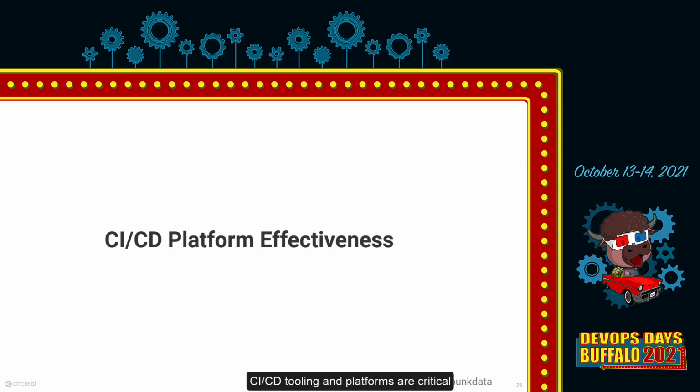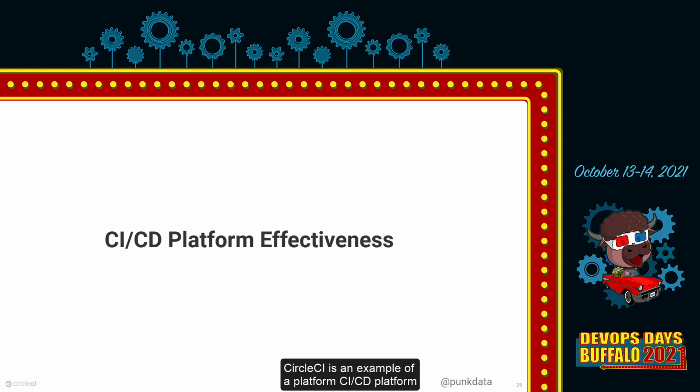CI/CD tooling and platforms are critical for managing pipelines at scale. CI/CD platforms come in various flavors. Some platforms are strictly CI/CD focused and provide solid, performant, robust tooling that enable teams to focus on developing software, while other solutions come in the form of bolted-on CI/CD features within bulky all-in-one solutions where CI/CD is not the primary focus. Adopting and implementing capable CI/CD solutions is paramount in executing continuous delivery at scale.